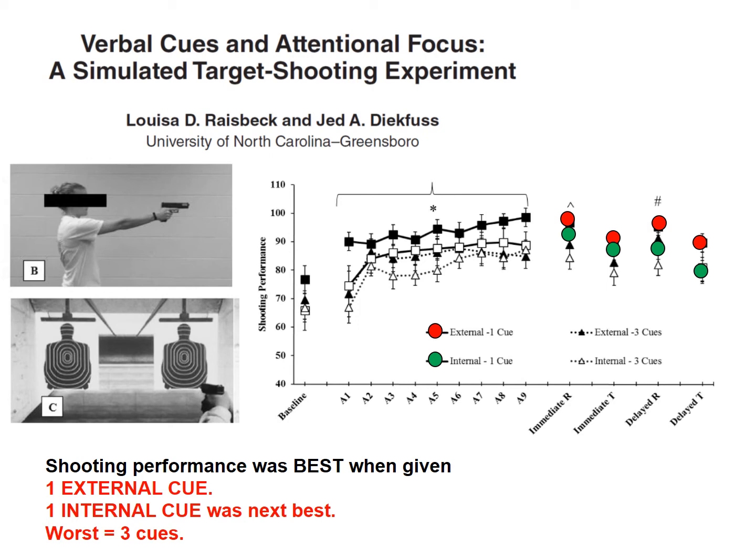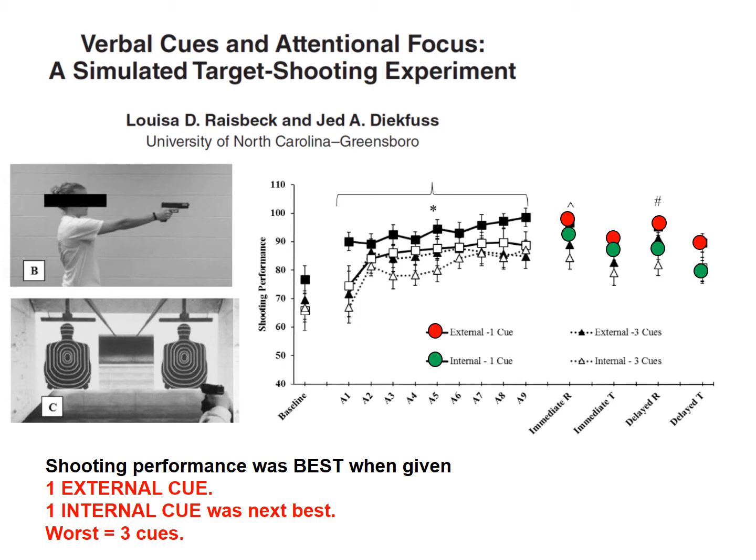The retention task was, of course, shooting at a target that you've been practicing at. And then they had a transfer task where they moved them further away from the target. They measured these measures of learning, retention and transfer, immediately, and then again about a week later. So I've highlighted a couple of the groups.